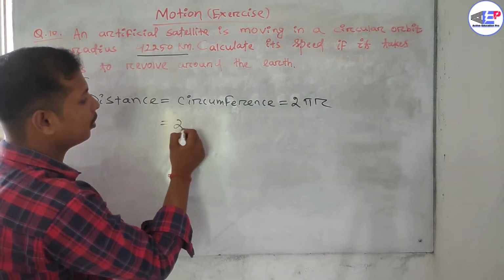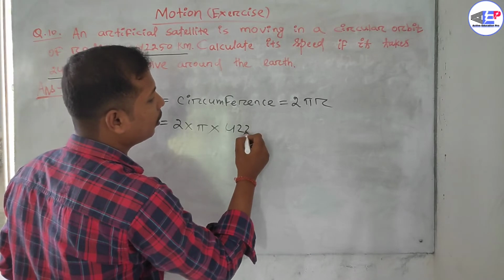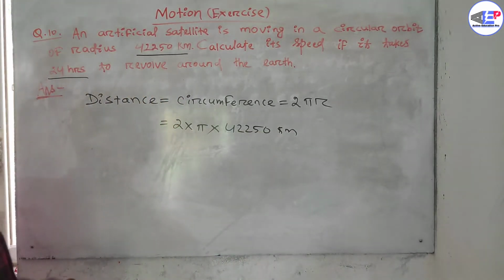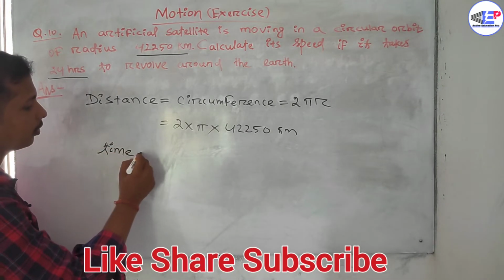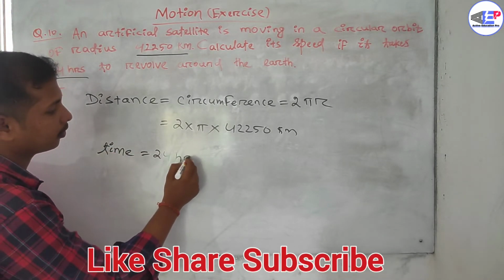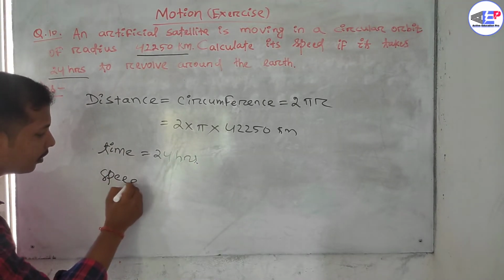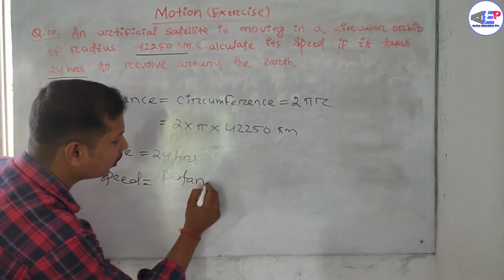Here the radius r is 42,250 km. Next, it is given that the time is 24 hours. So we know that speed is distance divided by time.